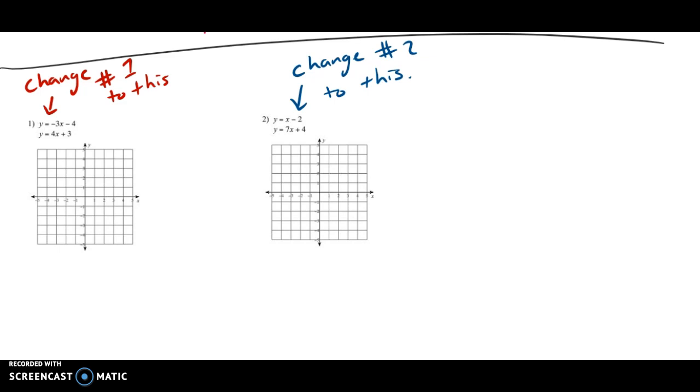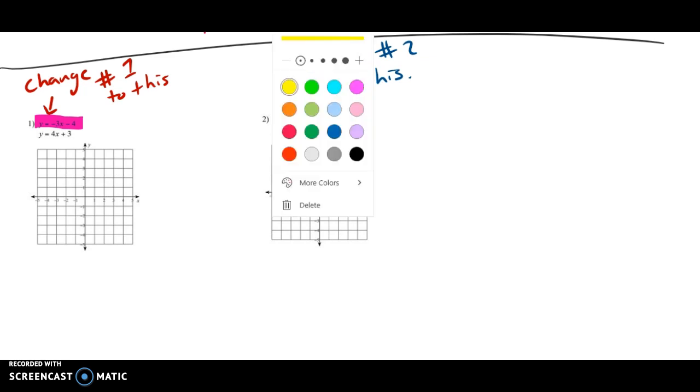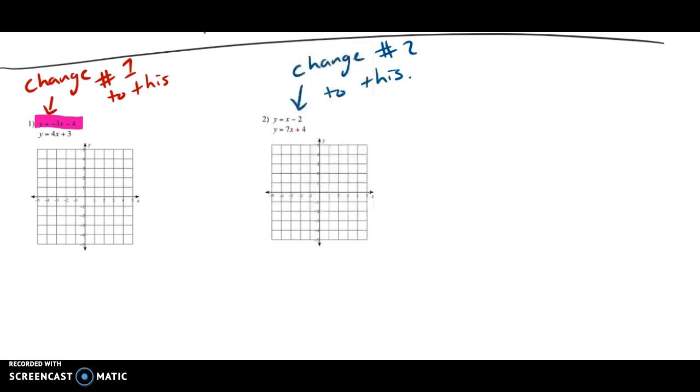So now in this problem we have two equations, both in slope-intercept form. So for the first one, we start here and we move -3 over 1, meaning down 3 to the right 1.